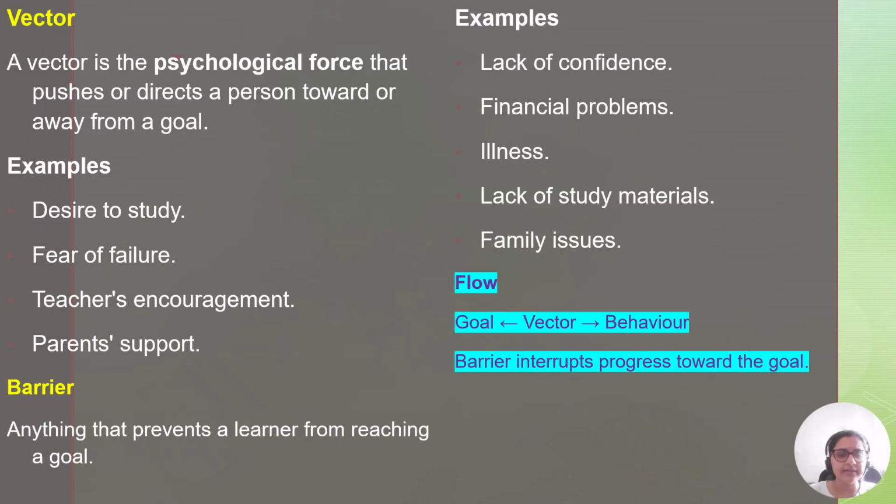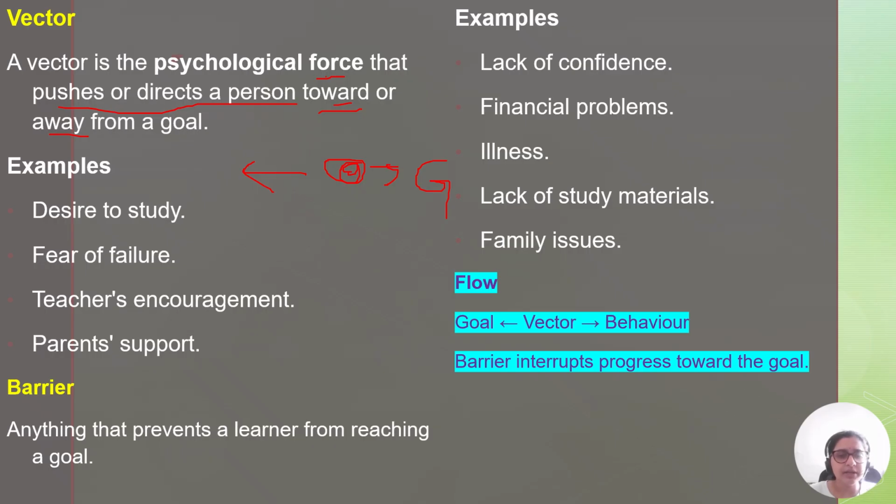Next is vector. Vector is a psychological force that pushes or directs a person towards or away from the goal. If this is a goal, it may direct a person towards the goal or away from the goal.